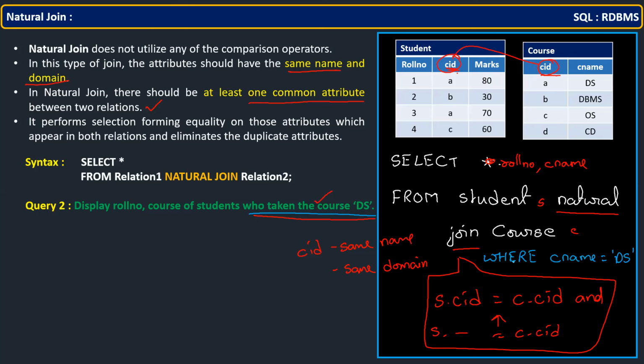Now what will happen? This condition is already there, and this you are adding. We write this explicitly, and internally the compiler will add the other condition. That is in the case of natural join, not in other cases. So hope this is clear.